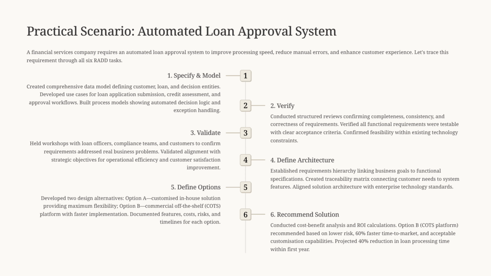Conduct ROI and cost-benefit analysis. Recommend option B, due to lower risk, 60% faster time to market, and projected 40% reduction in loan processing time. This example demonstrates how RAD brings analytical discipline to creative solutioning, turning uncertainty into clarity and business value.